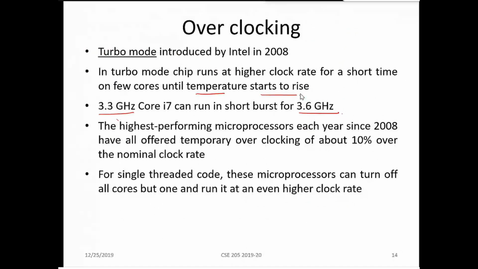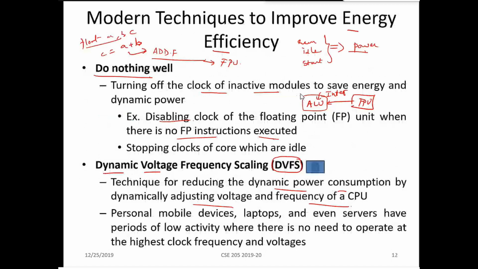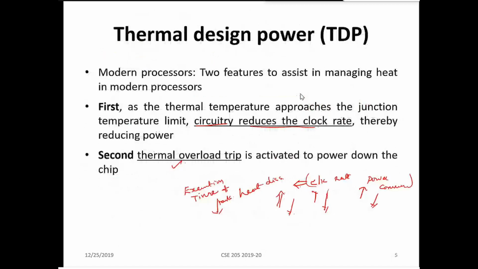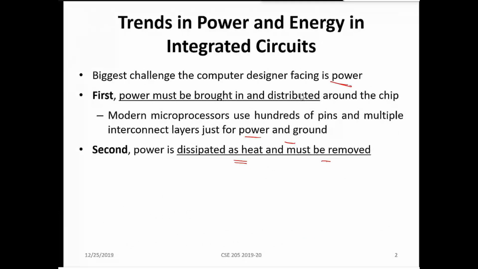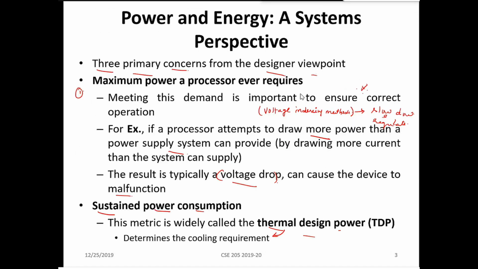Okay, with respect to this topic, let me brief on trends in power and energy. Power has to be brought in, and the power dissipation has to be handled properly. So there are 3 primary concerns when you go for power and energy. First, we have to think about the maximum power that is required, or else it may lead to a voltage drop.